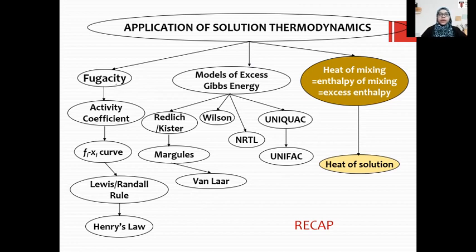We also covered the fugacity or activity coefficient to determine the expression related to the fugacity, and then from the fugacity versus mole fraction curve we obtained the new concept of the Lewis-Randall rule, in which, in an ideal solution, the species fugacity is equal to its mole fraction. This rule is equivalent to Henry's law.